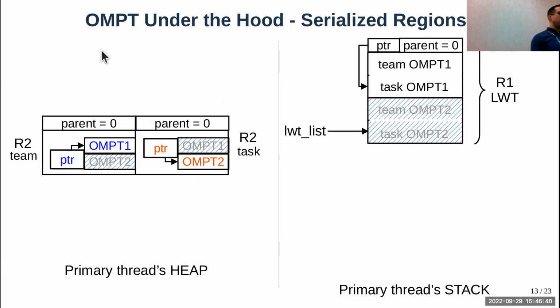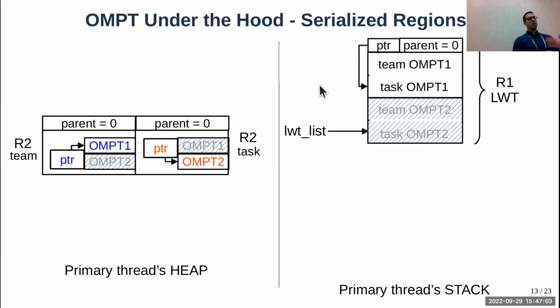So information about the R2 team is present in the first OMPT descriptor, shown in blue. Information about the R2 task, in this case, is shown in the second descriptor, shown in red. And the information about R1 is present in the first OMPT descriptor.